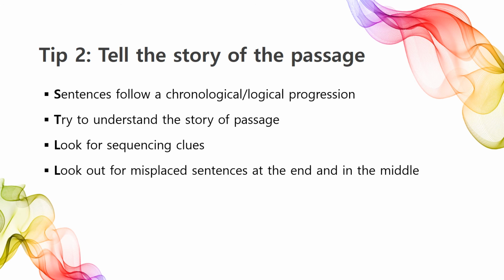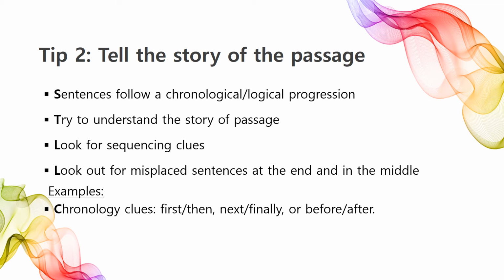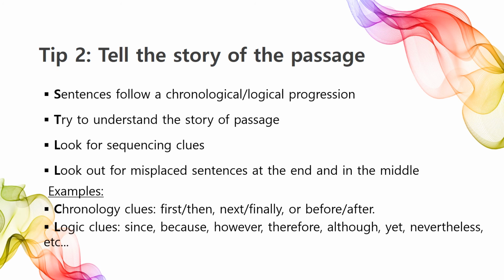Look out for sentences at the end that seem like they belong in the middle or sentences in the middle that sound like conclusions. Some of the chronology clues are first, then, next, finally, before, after, etc. Examples of logic clues are since, because, however, therefore, although, yet, nevertheless, etc. These are important and helpful words.